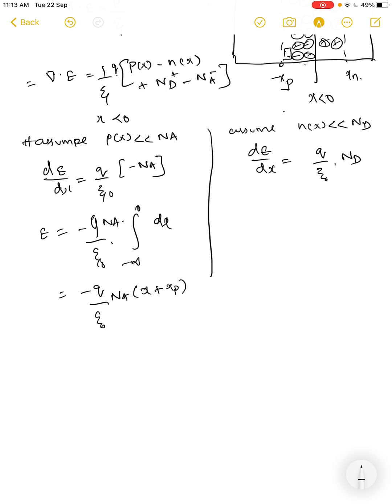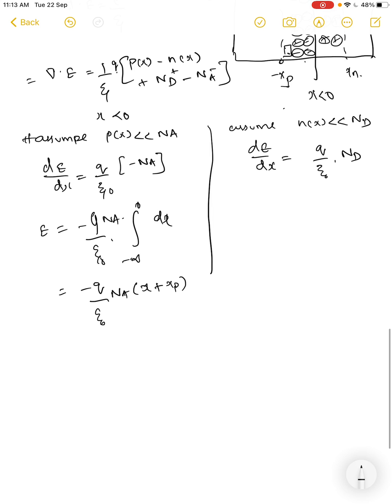You can see that if x is equal to minus xp, this value is 0, and any value lesser than minus xp is obviously 0 because that's what we have seen, and for any x greater than minus xp you start to have some value.